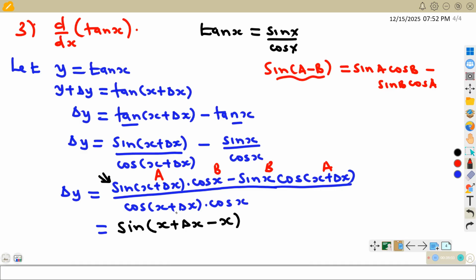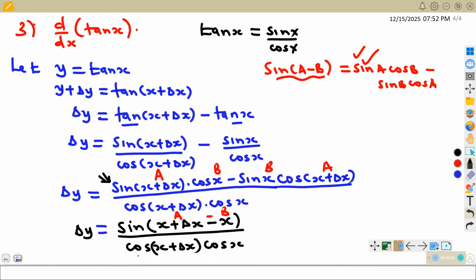So what is in the numerator can be simplified, and the equivalent form is sine of x plus delta x minus x. I hope everyone should be able to notice that. We are dividing this by cos of x plus delta x, again cos of x. So this is our delta y.